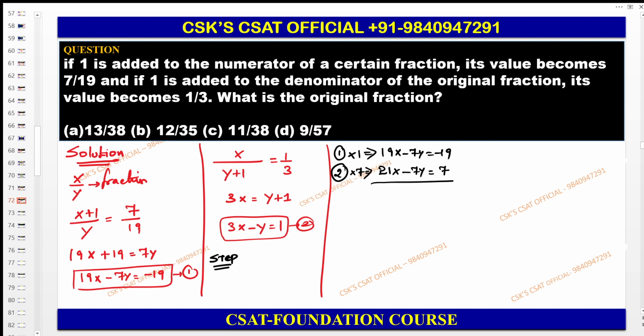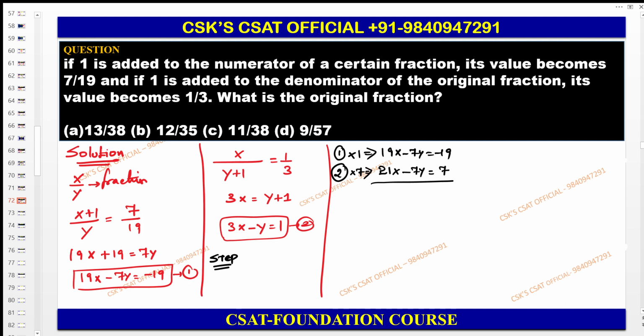Now the second step is, after making the coefficient the same, you need to check whether the coefficients contain the same sign or a different sign. If they contain different signs, nothing, just simply eliminate. When they contain the same sign, you need to multiply the equation with the opposite sign. Listen carefully.